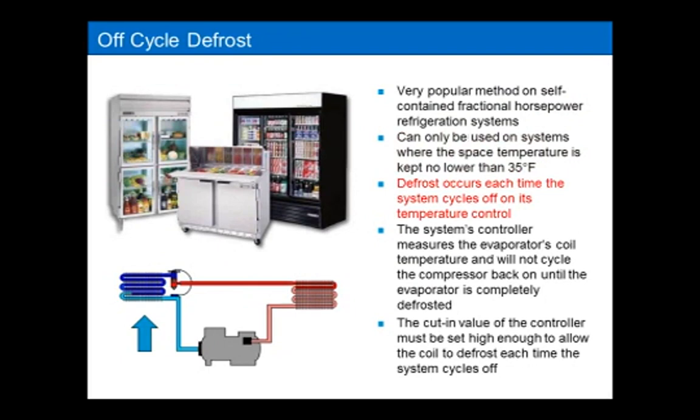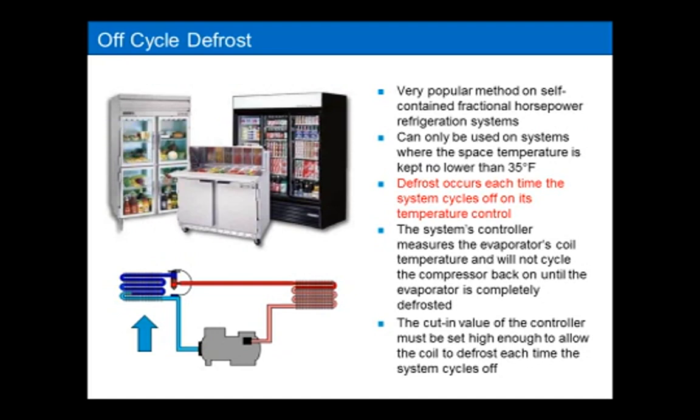The control system, whatever's controlling this unit, when the unit shuts off, whether it be on a pressure control or a temperature control, whatever method is being used for control, that control will not allow the compressor to cycle back on until the coil temperature gets above a certain value, which ensures that the evaporator has completely defrosted.